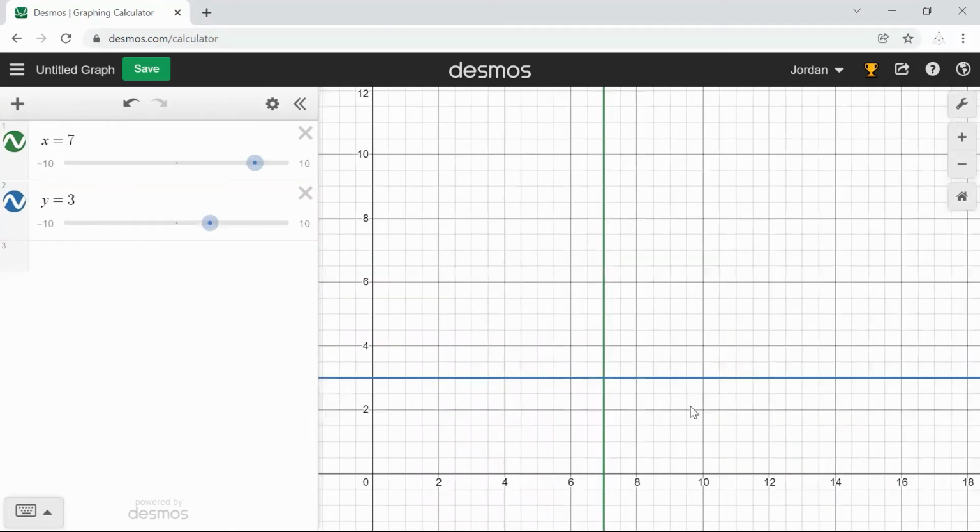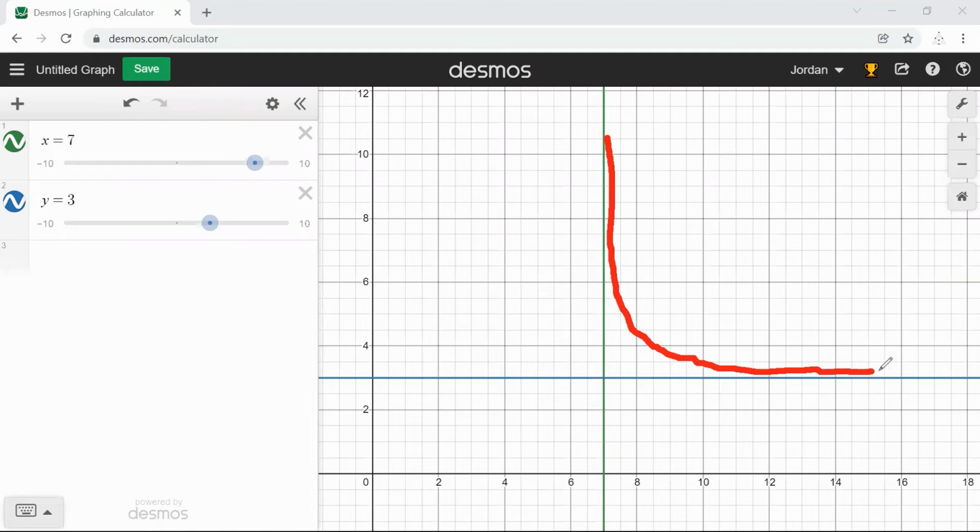And what we know is that as x goes to 7 from above, it goes off to positive infinity. It's going to look something like that. And as x goes to infinity, we're going to go out towards 3.